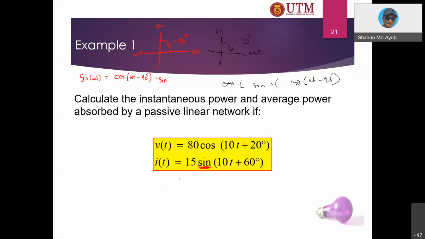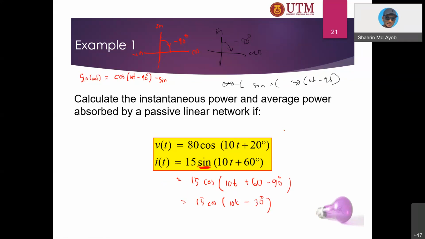So this I becomes 15 cos 10t plus 60 minus 90 degrees, which becomes 15 cos 10t minus 30 degrees.